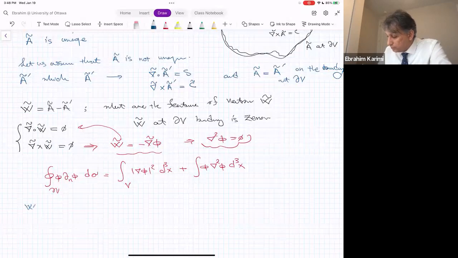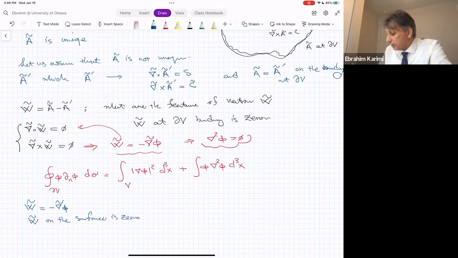Now let's replace this. So W is given by minus gradient of phi, and also W on the surface or boundary is 0.